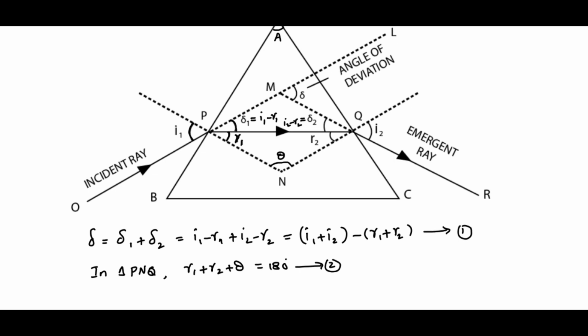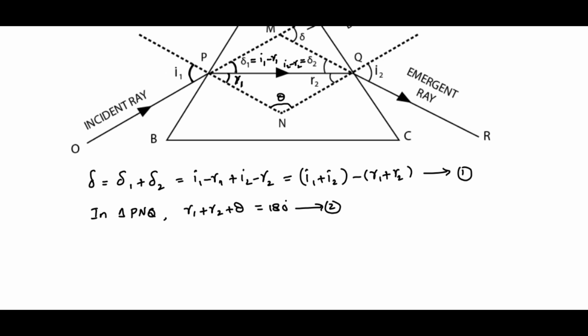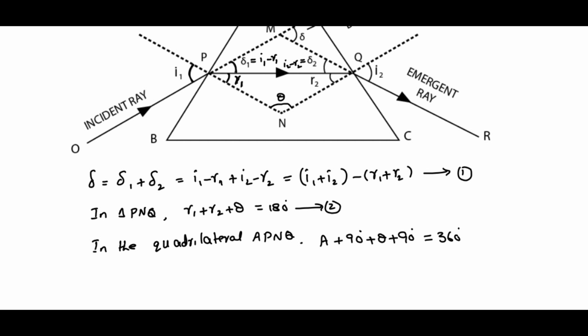Again in the quadrilateral APNQ, A plus 90 degrees plus theta plus 90 degrees is equal to 360 degrees. From this, A plus theta is equal to 180 degrees. We can name it equation number 3.